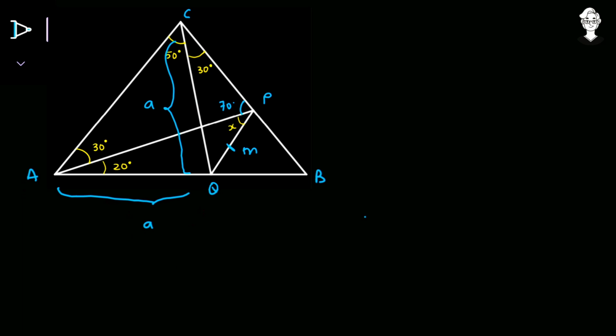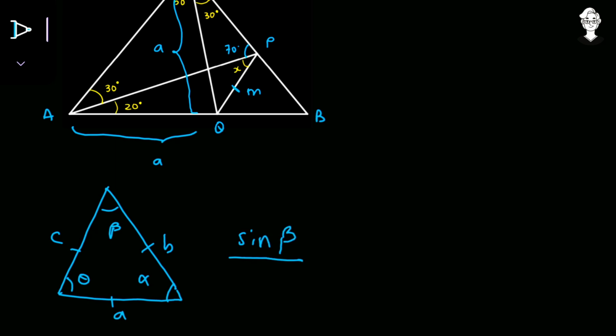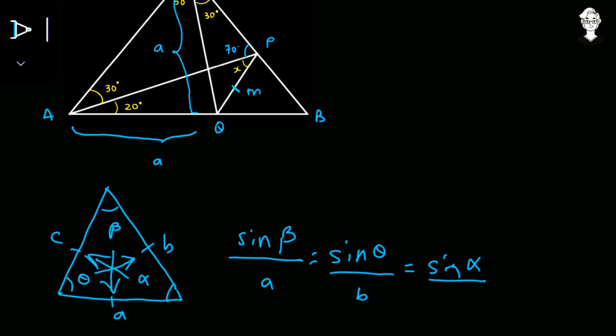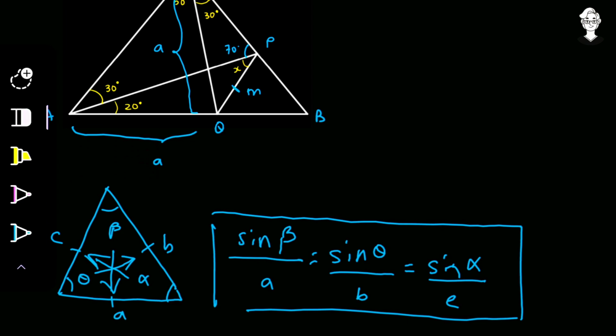Now we will apply the sine rule. First of all, what is the sine rule? If there's a triangle, it can be any kind of triangle, let these angles be theta, alpha and beta, and the sides A, B and C. Then the sine rule says that sine of beta upon its opposite side A equals sine of theta upon its opposite side B, which equals sine of alpha upon its opposite side C. So the sine of an angle upon the side opposite to that angle stays equal.